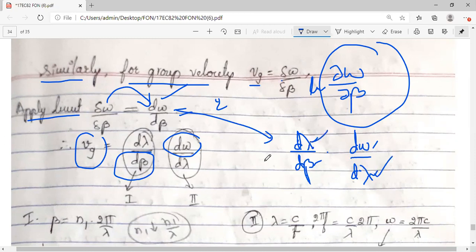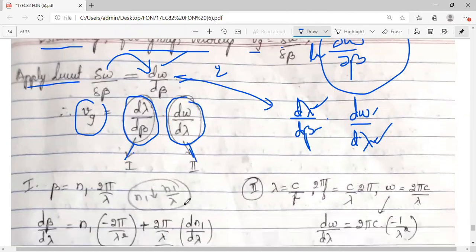Multiply and divide by d lambda, a slight readjustment. If I do that, I will get two different differentiations. See, d lambda by d beta is the first term, and d omega by d lambda is the second term. Now I will get these two terms separately and substitute.